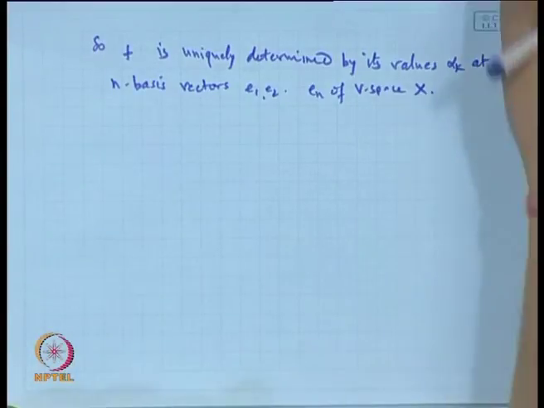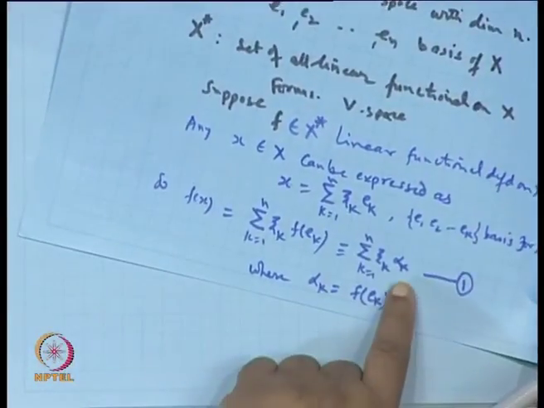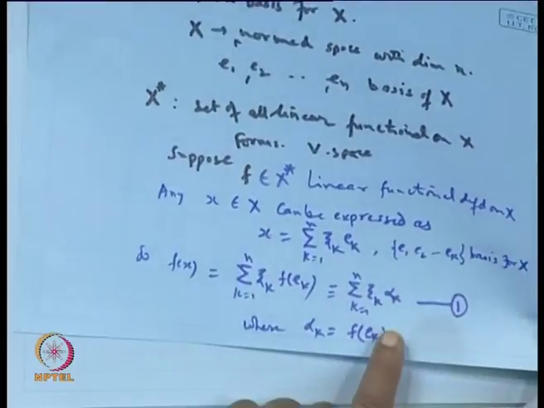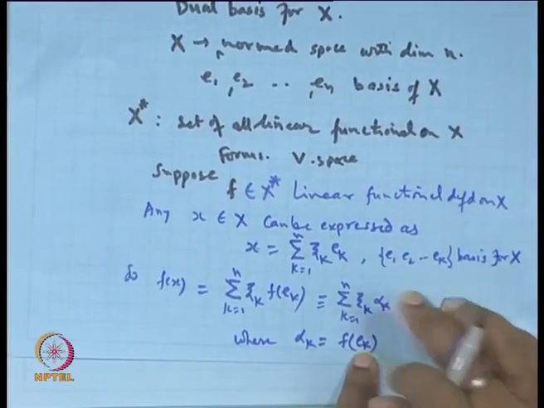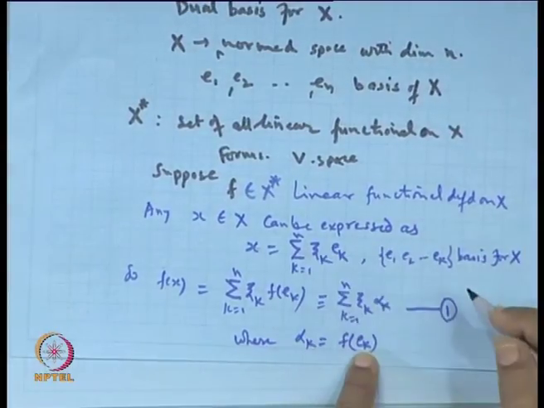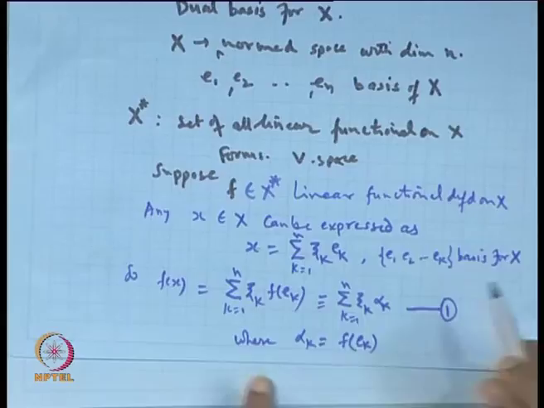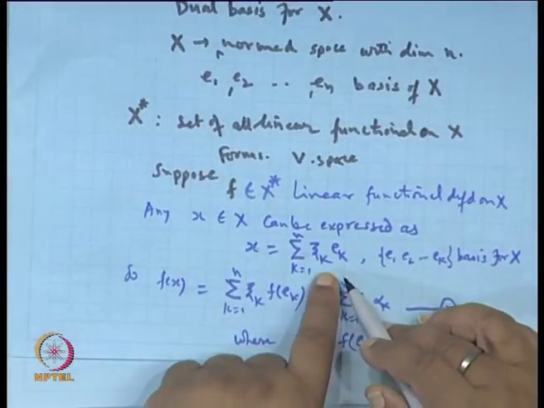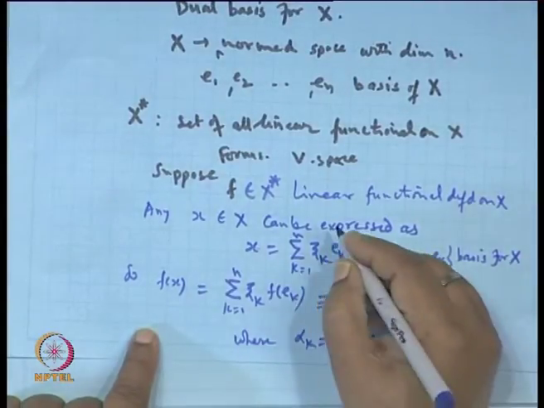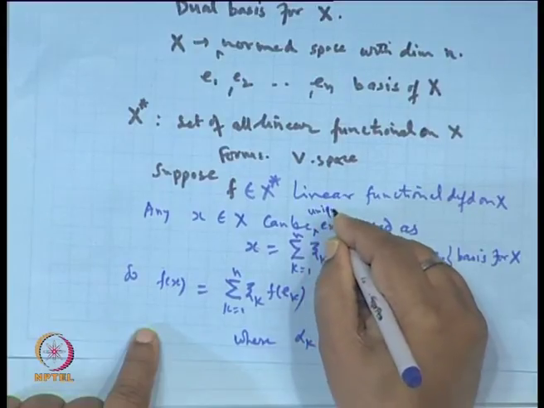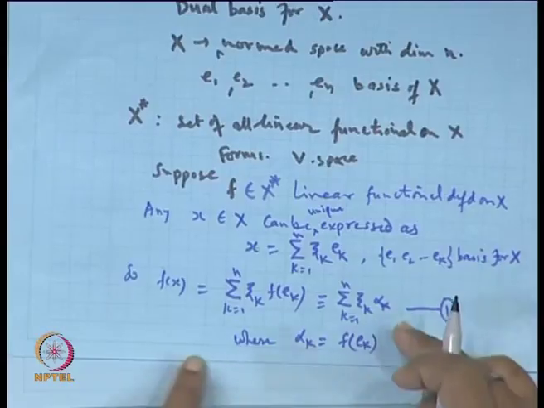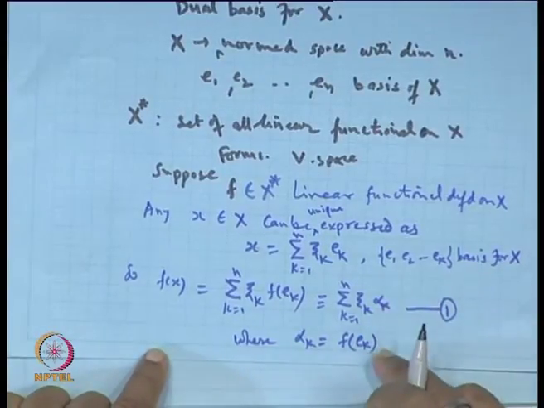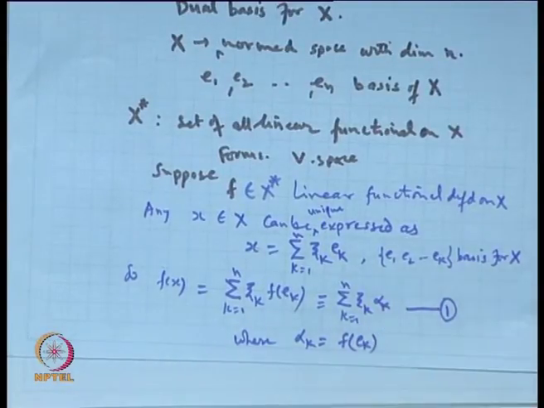It means, if these alpha 1, alpha 2, ..., alpha n are given, or the values at E1, E2, ..., En are known, because it is a basis, any x can be expressed uniquely, this representation is unique. Therefore, the value of f will also be unique, and it will depend on alpha k, the value of f at E k, uniquely determined by it.